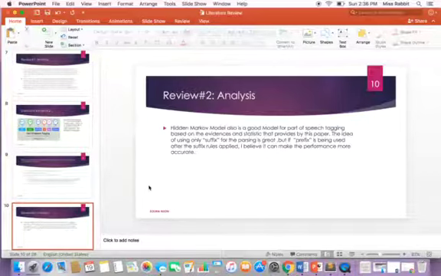The idea of using only suffix for parsing is also great, because grammatically we tend to use suffix to determine whether a word is a noun, a verb, or a preposition.